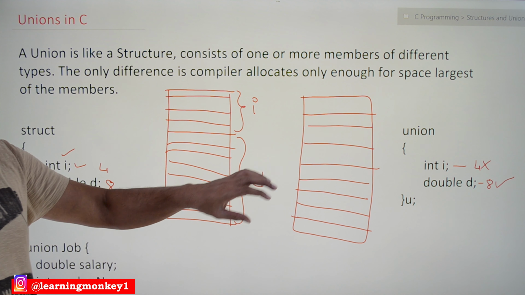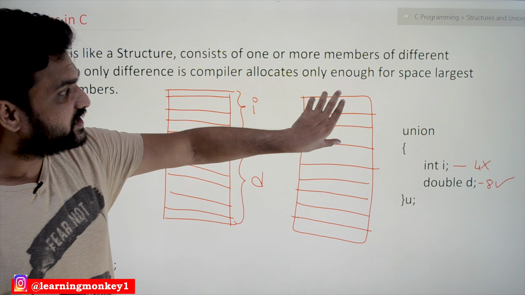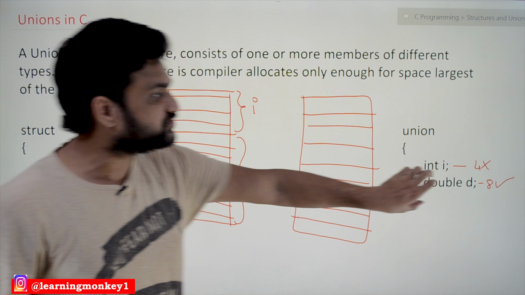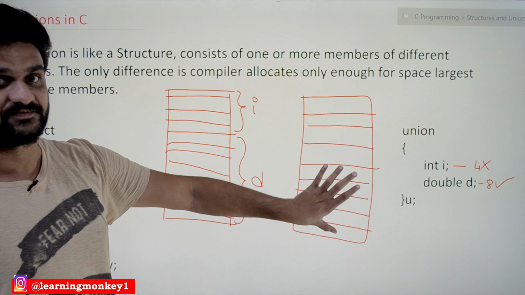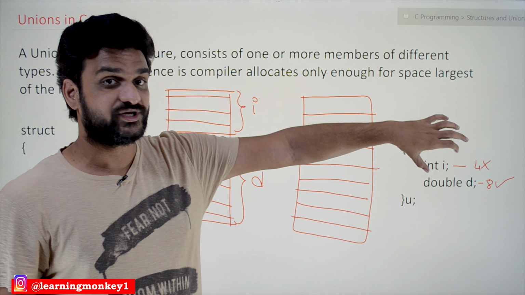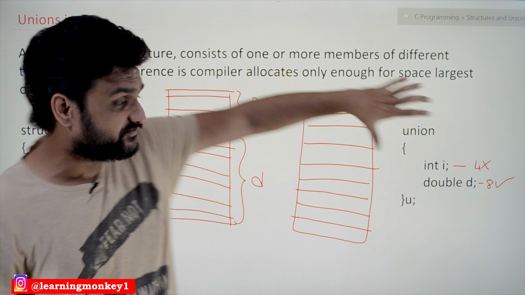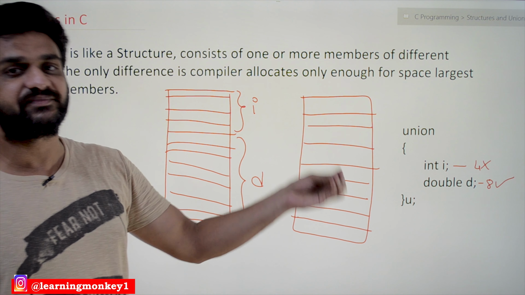If you want to store the integer I, it will get stored in the 4 bytes. If you want to store the double, it will get stored in these 8 bytes of space. This is how the space will get utilized by the union, and how the space will get created for the union. So what is the advantage that we are going to get? There are some advantages.